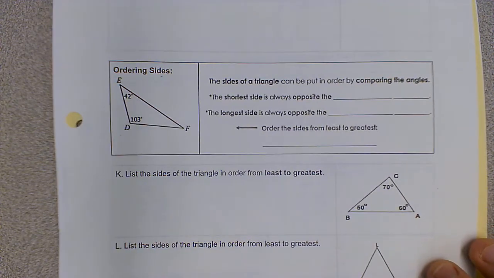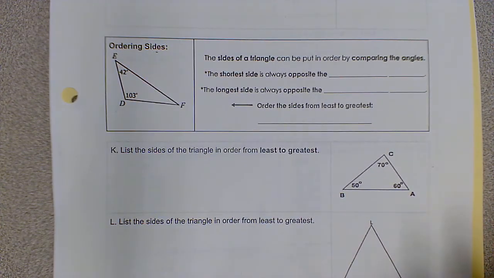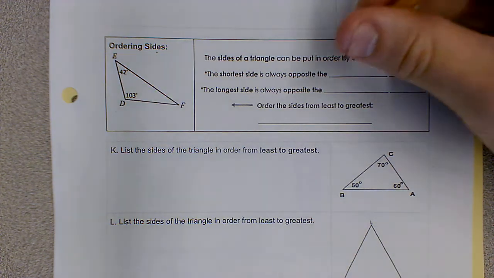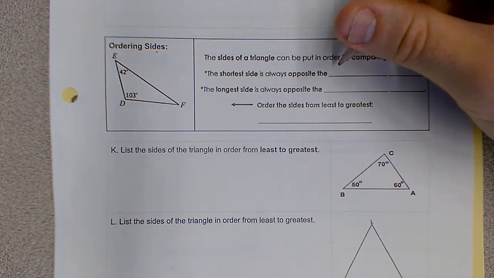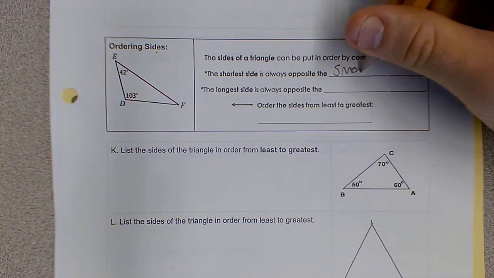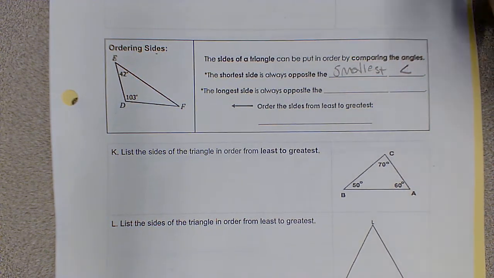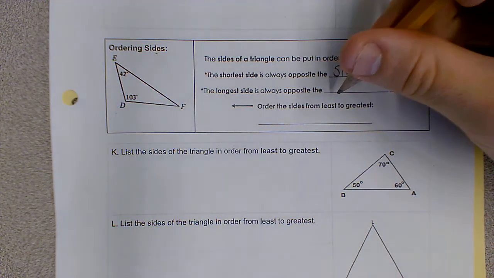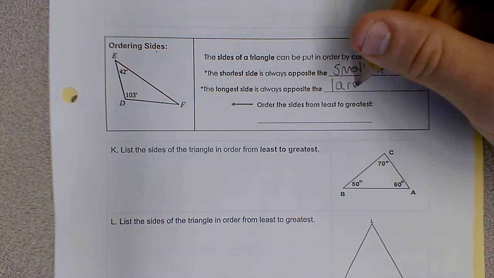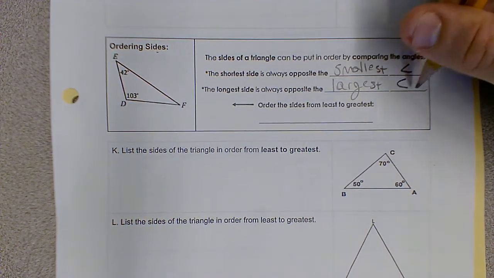Okay, the last idea with these notes is the converse of that, ordering sides. So the shortest side is always across from the smallest angle. The longest side is always opposite the largest angle.